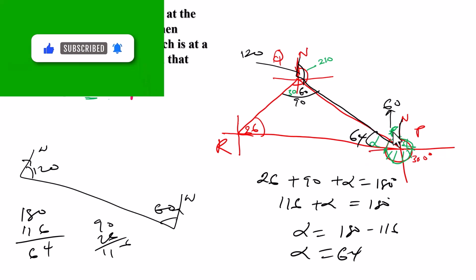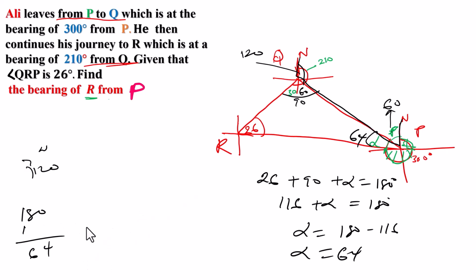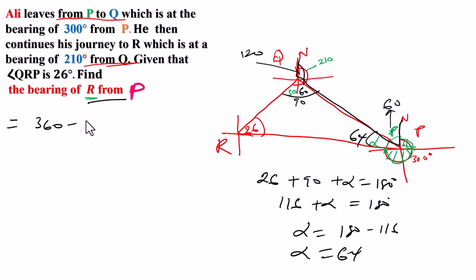Remember, 64 is alpha, and we add beta. When we subtract from 360, that will be the bearing of R from P. Everything here is 360. Now that we know alpha and beta, we can find the bearing of R from P. So the bearing of R from P is given by 360 minus alpha plus beta.